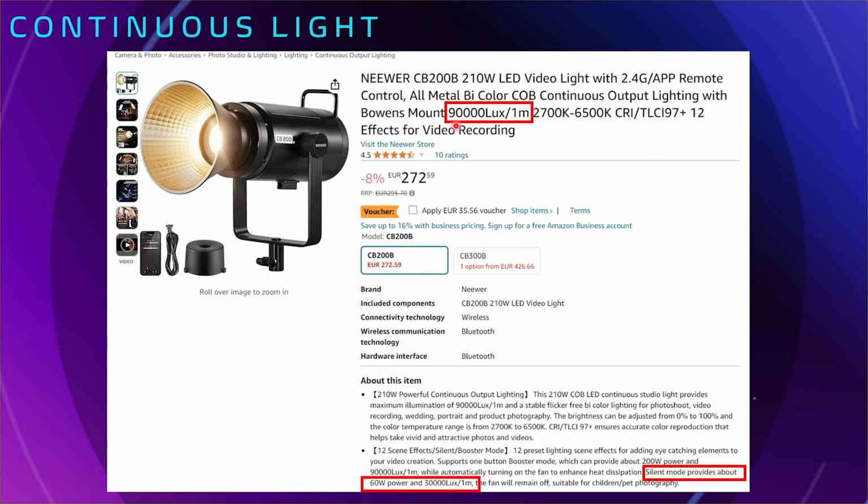Now let's learn the lux at different distances on continuous lights. This diagram illustrates the change in lux on your subject based on the distance. The 9,000 lux source is here, and we placed our subject 1 meter away from the light, and we got 9,000 lux on the subject. Suppose we are keeping the subject 2 meters away from the source.